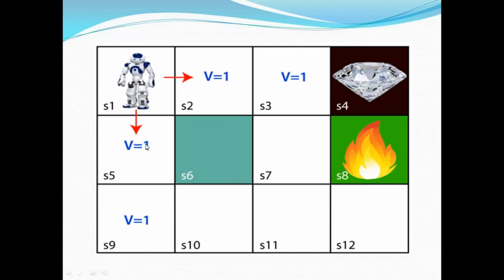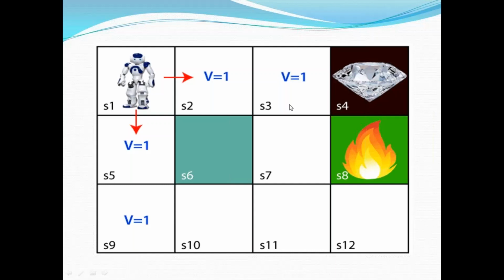So now both blocks are placed as 1. Right? Now there comes a problem: where does it have to go? If it goes the wrong way, it goes in a longer direction. It might still lead to the diamond, but it might take a long path. Right? So our main intention is to get it on a shorter path as well as to achieve the reward.